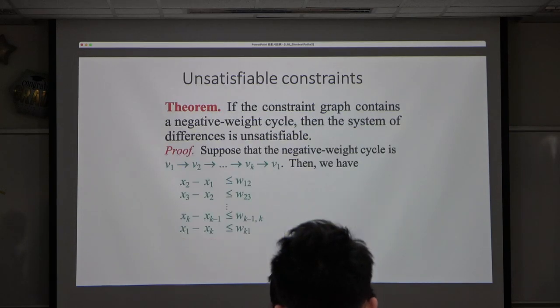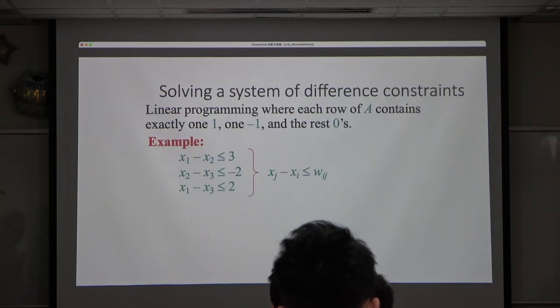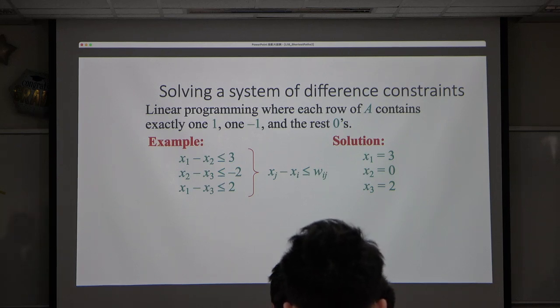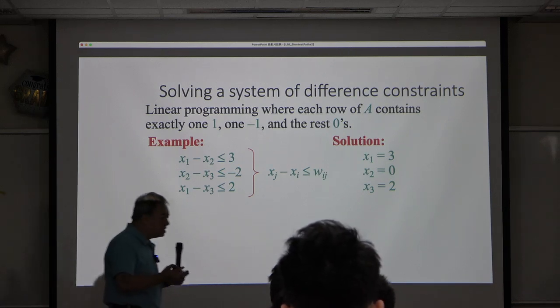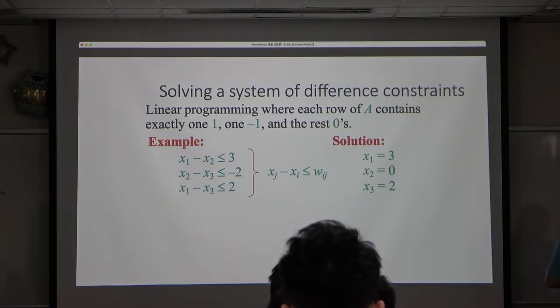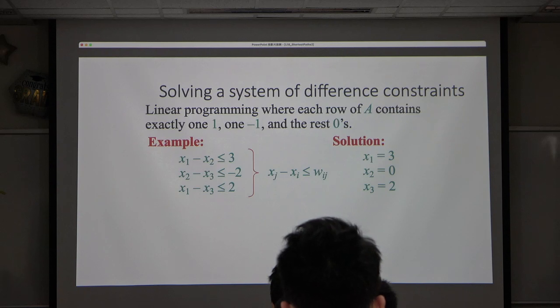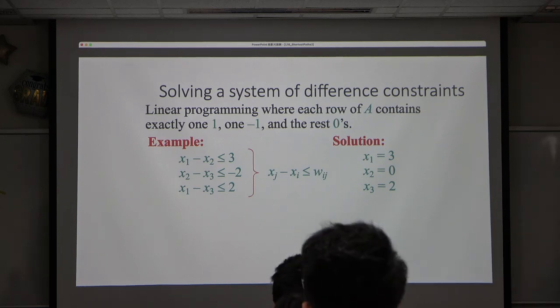let's go back to this particular example and construct a graph with 3 nodes, X1, X2, X3. So we have V1, V2, V3.